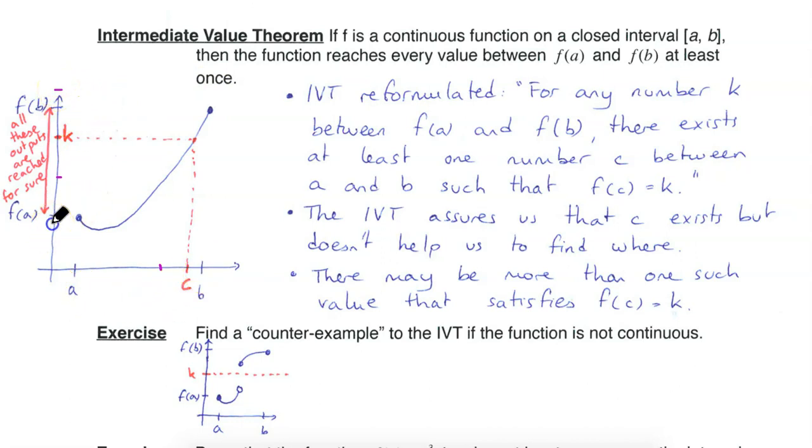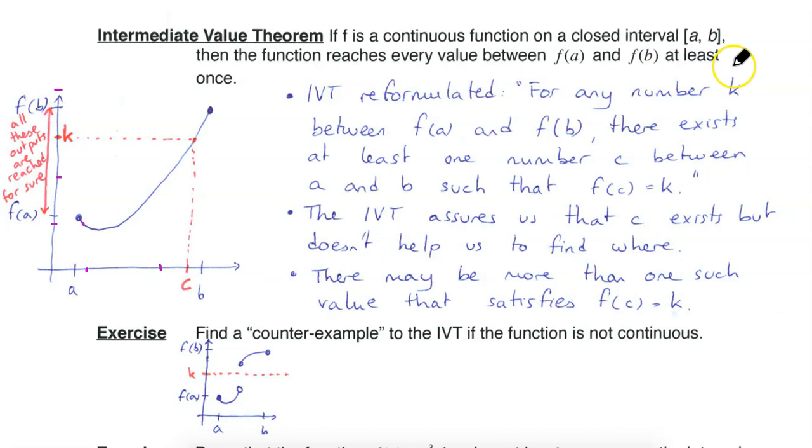If I happen to pick it down here, well, I'm really lucky. This time there is a c. I could choose c here, and I could have f of c equals k. So that can happen, but it's not because it can happen that it must happen. And the intermediate value theorem is about something that must happen.